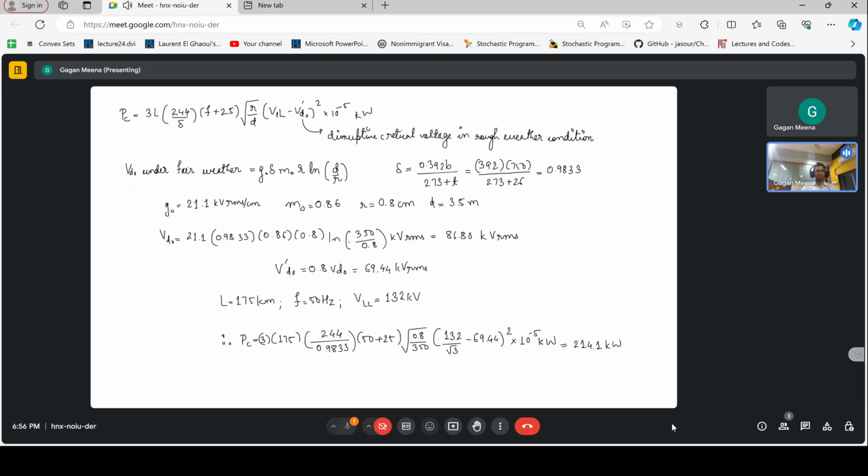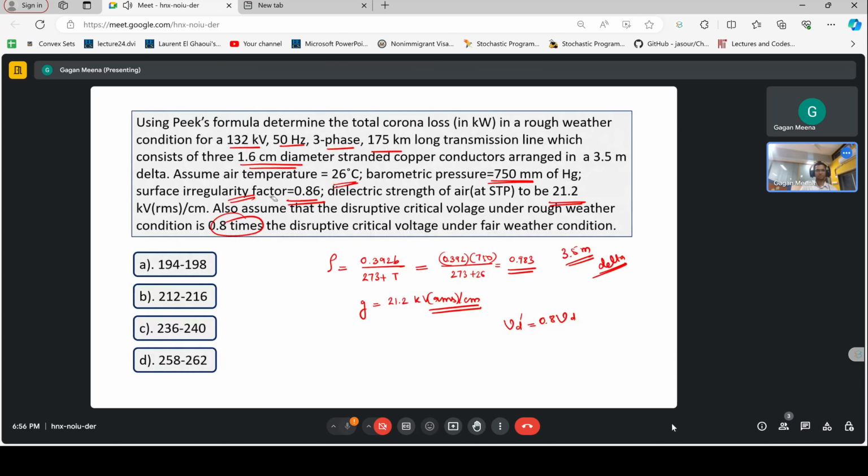So this is 21.1, 0.9833, 0.86, 0.8 r. This is r, M naught, delta G naught, ln capital D by small r. So this comes out to be 86.80 kV RMS, and VD naught is 69.44, and it's already given.